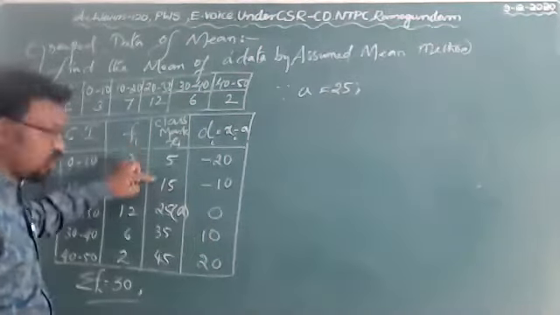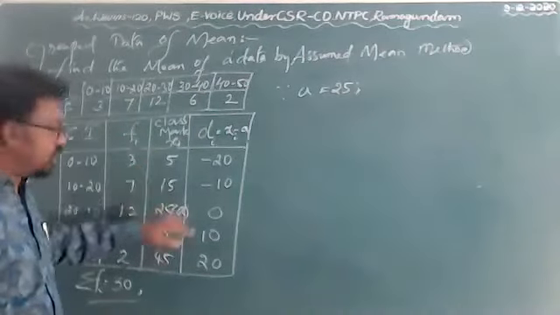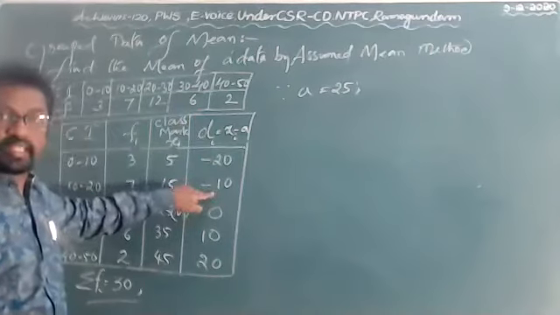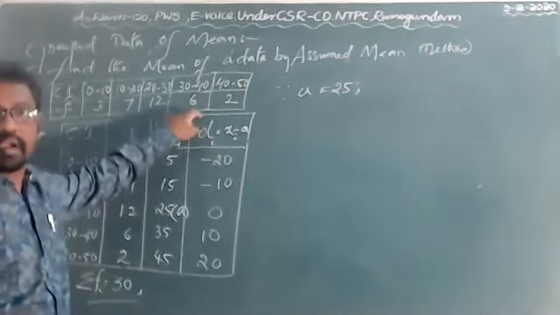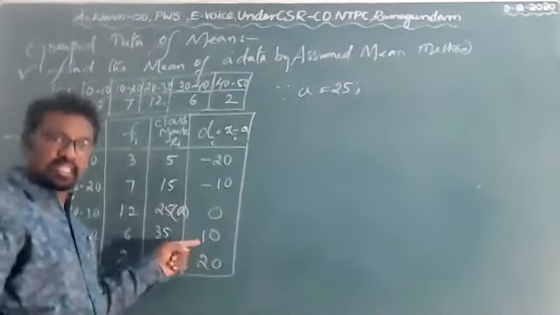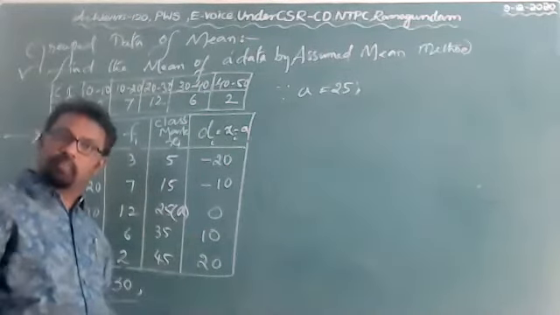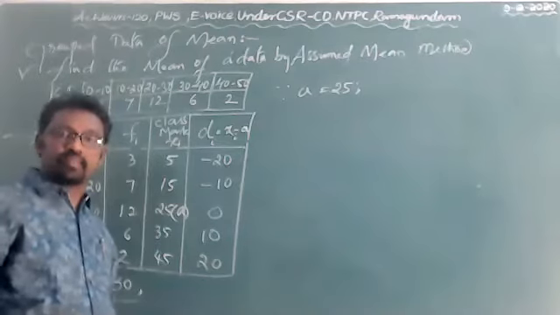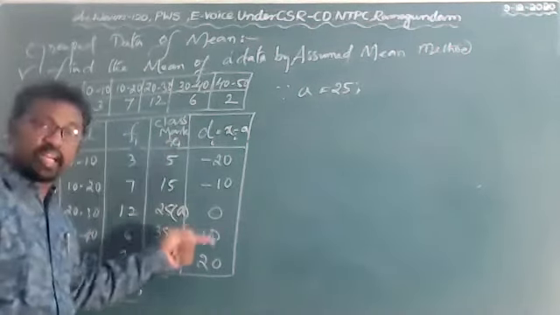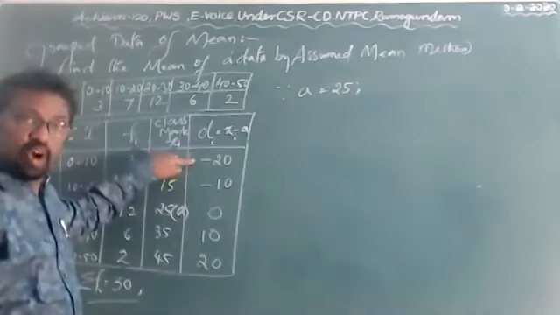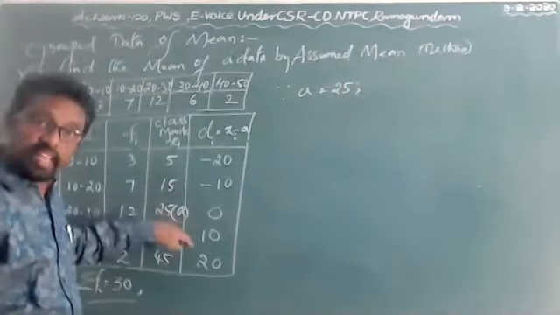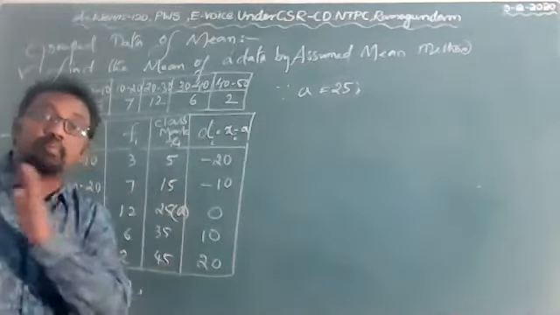And here you already know what the gap is: 10, 10, 10. Here we will get negative tens. See, 0, minus 10, minus 20, minus 30, minus 40 like that it goes. On the bottom side, plus 10, plus 20, plus 30, plus 40. If the class interval is in ascending order, this is also in ascending order: minus 20, minus 10, 0, 10, 20, small to big number.